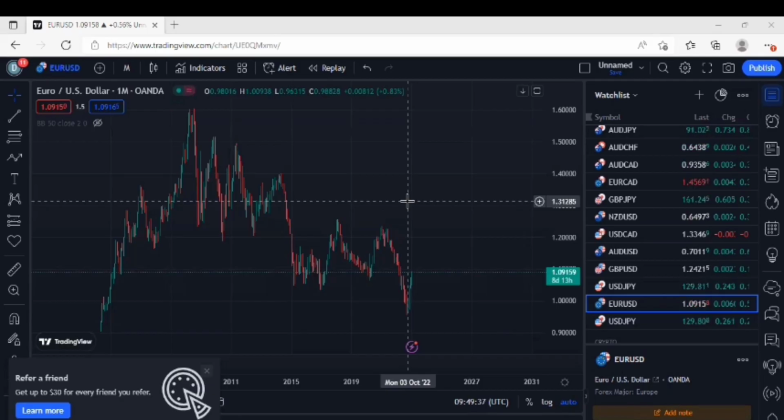So you need a perfect understanding of market structure to be successful in Forex trading. It will give you an edge in the market. As a Forex trader, before you think of buying or selling, the first thing you must do is study the structure of the market for direction.